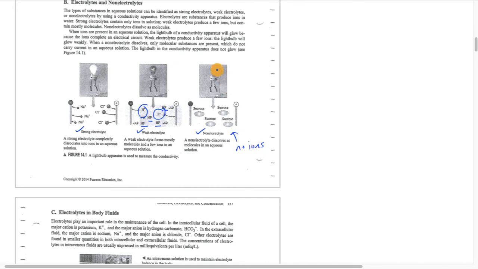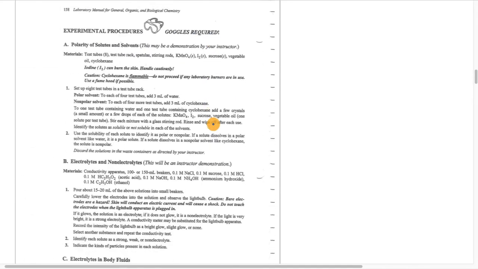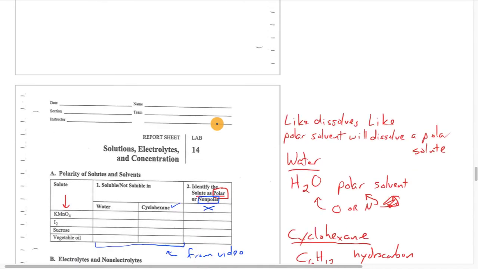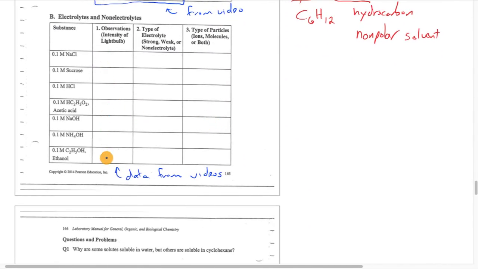Without any ions, no light coming in for the light bulb. So bright, dim, none, no light. Then that's the data that you'll see in those videos. That's what we're going to write down in this table, and then you can draw your conclusions from that information.